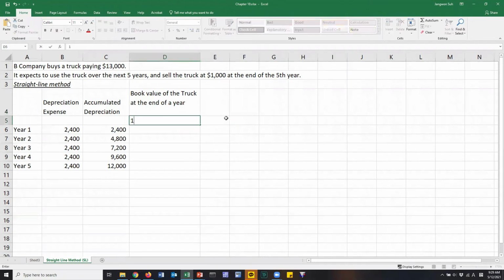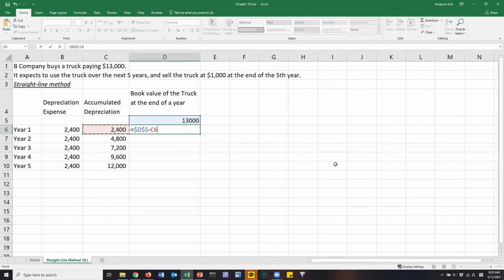At the purchase it was 13,000, but you've depreciated 2,400 so far at the end of the first year.